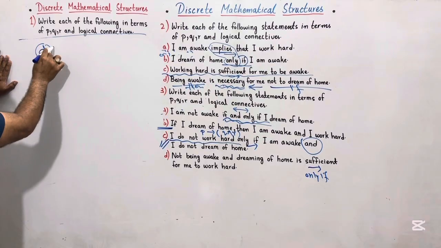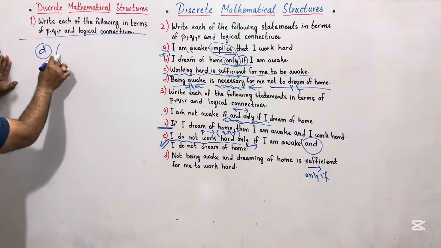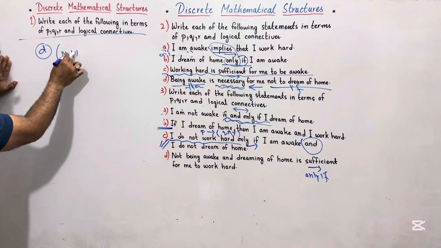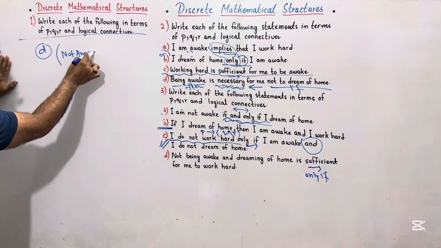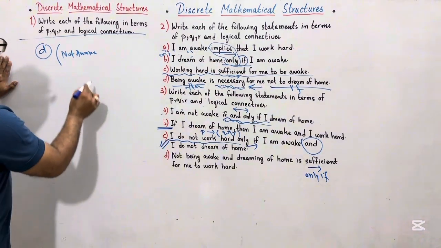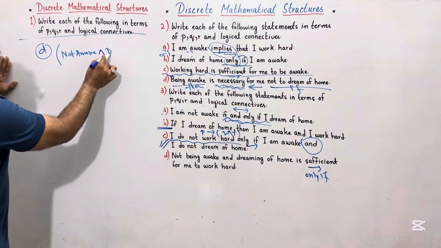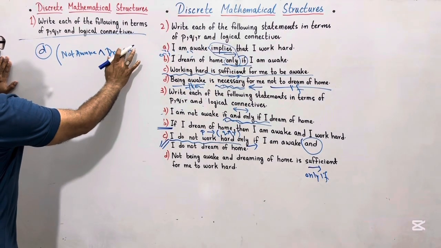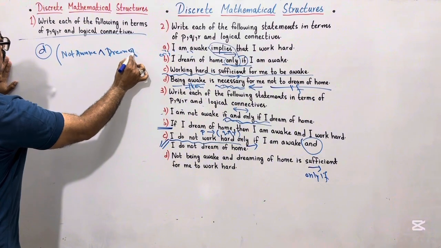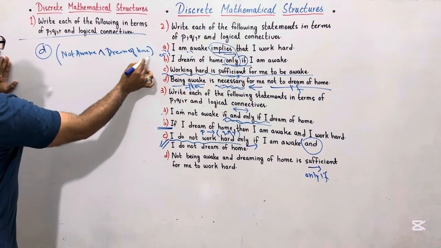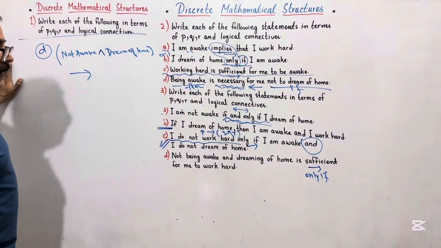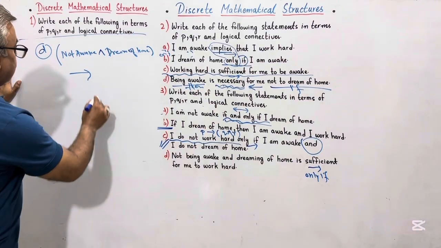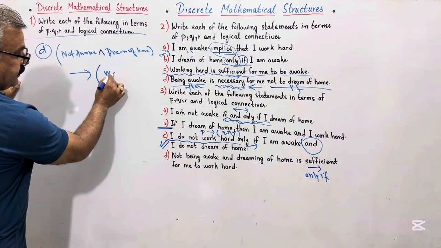D: not awake and dream of home implies that work hard.